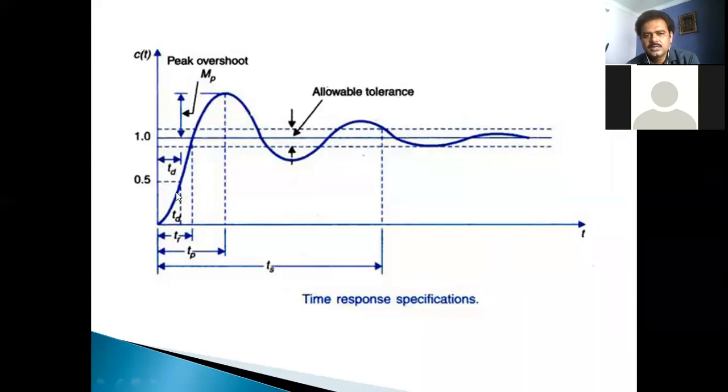One is delay time. The first specification, the time taken to reach 50% of its final value, is called delay time. The second specification is called rise time: how fast it rises to its final value, the time taken to reach 100% of its final value.